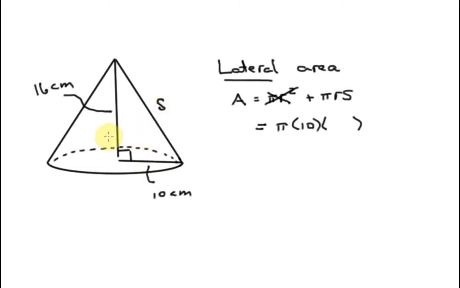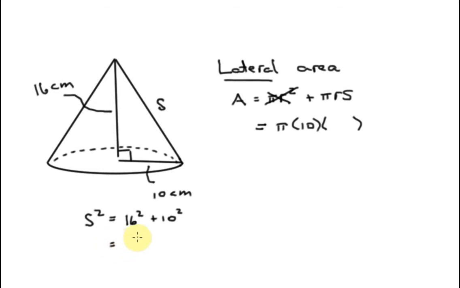So looks like we got a nice little right triangle, and I'm going to use Pythagoras' theorem. So over here we're going to do a little bit of prep work. We're going to go ahead and say slant height squared equals 16 squared plus 10 squared.